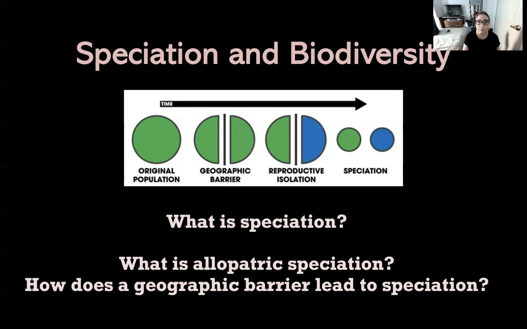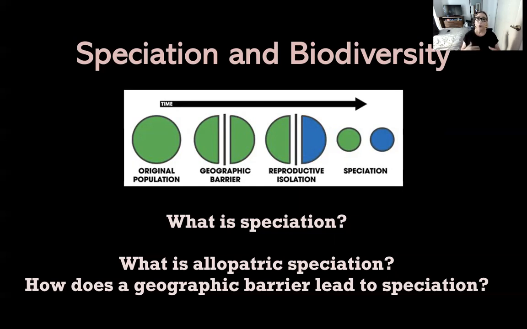Now, here in my picture, I have an illustration of what is called allopatric speciation. This is one type of speciation, and it is based on natural selection. Just as a refresher, natural selection occurs in a population.